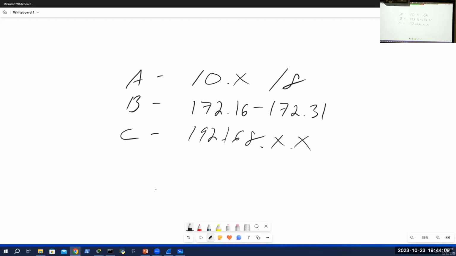But let me just give you an idea of what we're talking about. At its most basic, the most basic type of subnetting problem is going to be, well, let me bring up that table, because I think that'll cover most of what we need.